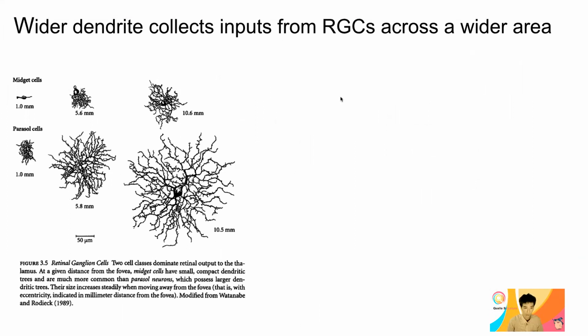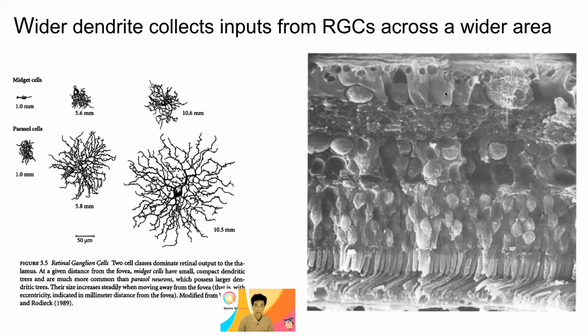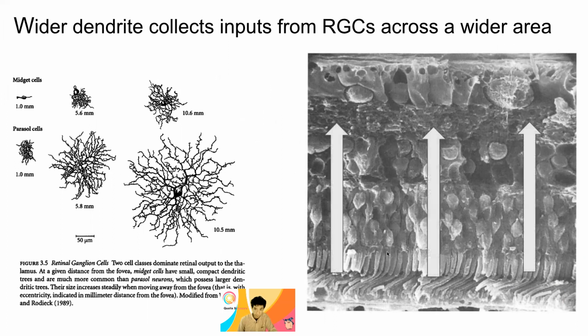These cones and rods. What it means is that this is a slice of the retina that I showed last week. So the light comes from top to the bottom, like this way. And then it gets collected by these rods and cones and so on here.